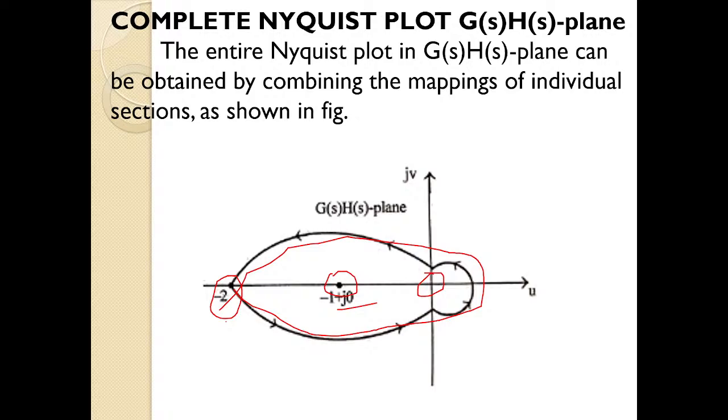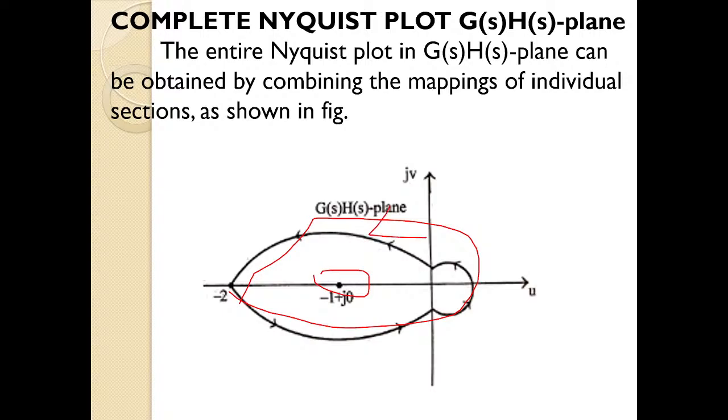Since -1 plus J0 is enclosed one time in anti-clockwise direction, therefore the closed loop system will be a stable system, whereas the open loop system will be unstable because one pole will lie on the right side of your S-plane.